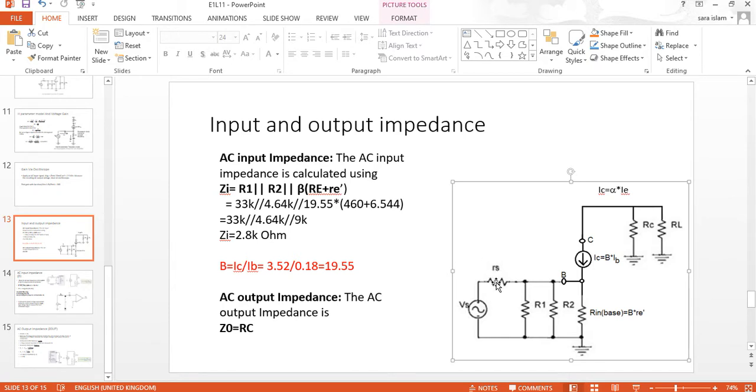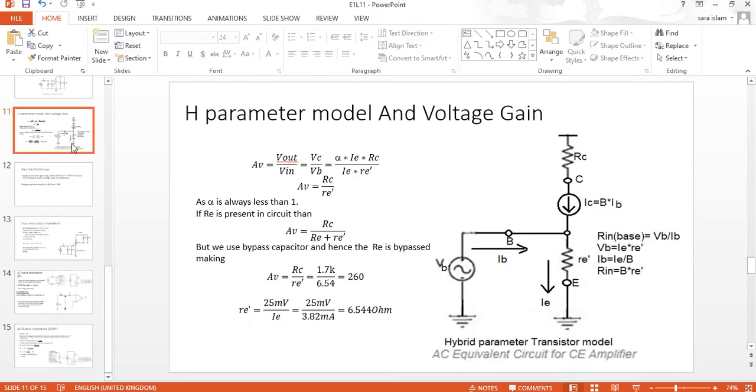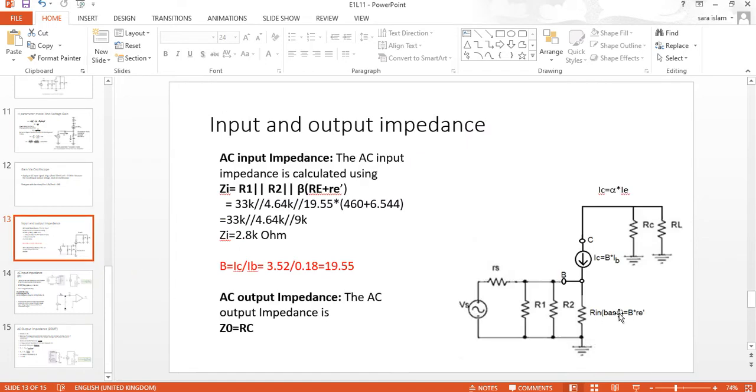Considering that the resistance of your source is 0, an ideal scenario, the input impedance of this common emitter amplifier would be R1 parallel with R2 parallel with the element we calculated in this part, Rin equal to beta times re naught, right? It's the same beta times re naught.